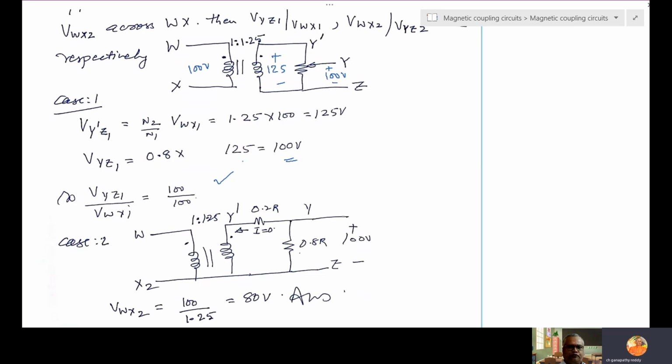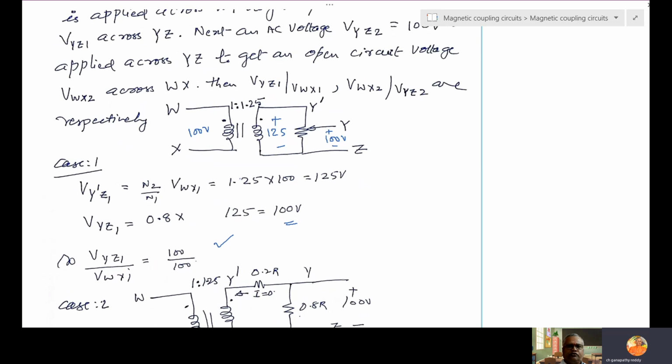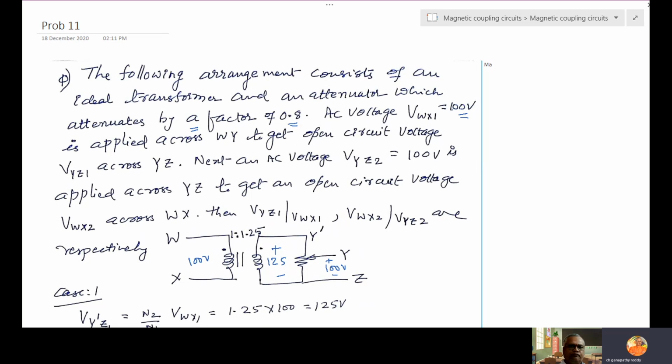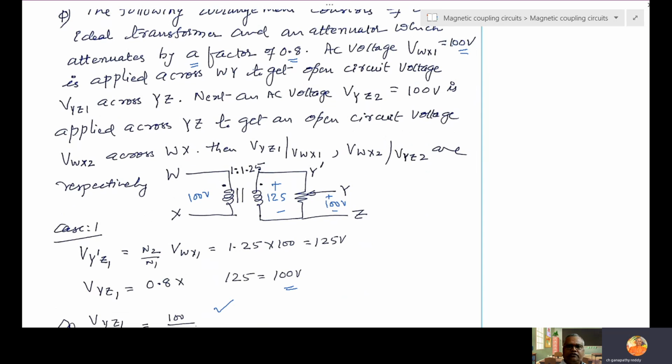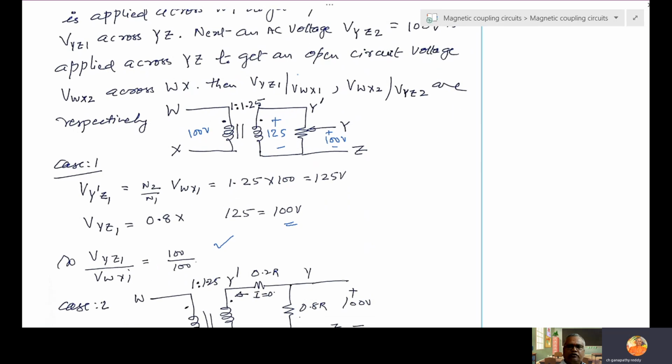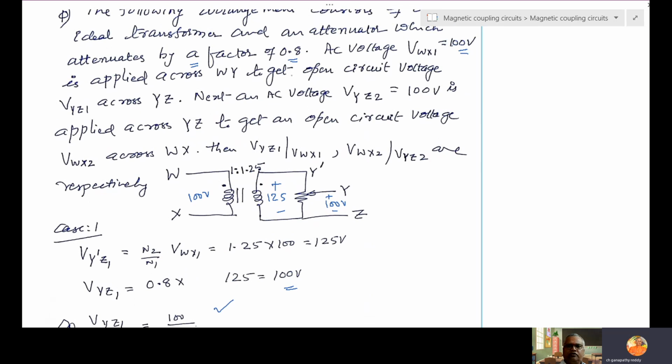Now case 2. AC voltage V YZ2, 100 volts, is applied across YZ to get open circuit voltage V WX2 across WX.